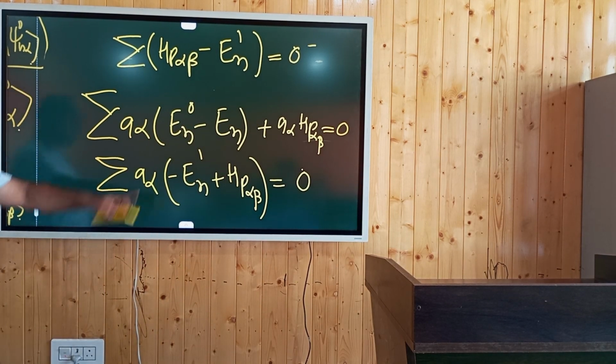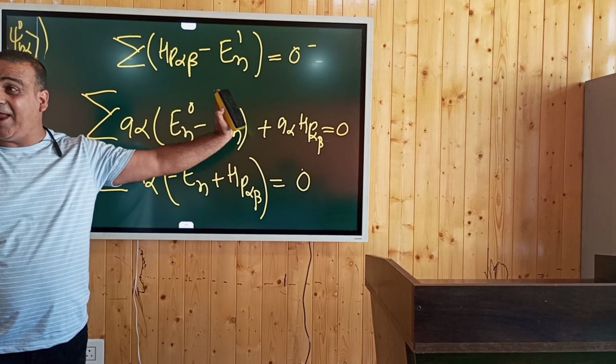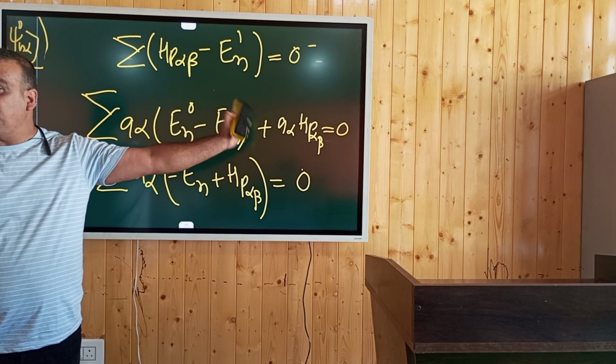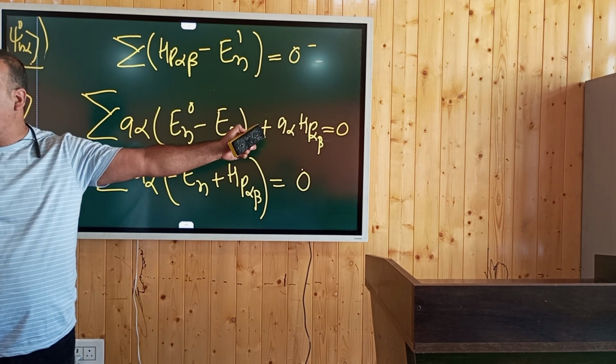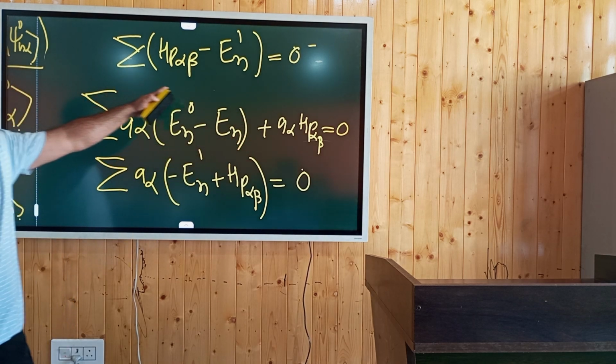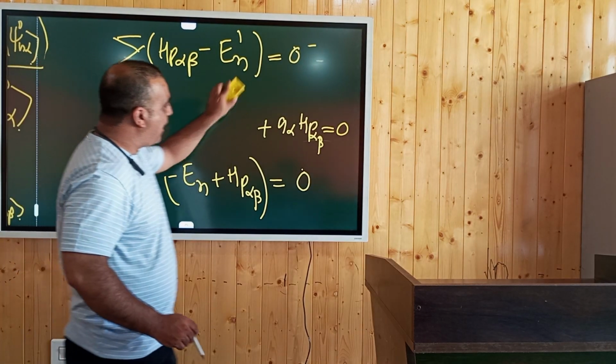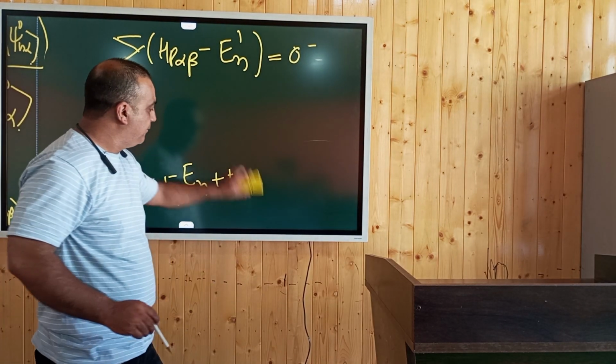You remember that this equation gives you these values for the diagonal of the matrix, because for alpha not equal to beta, your answer is 0. So this equation will give you the correction. So how can I write this equation now?